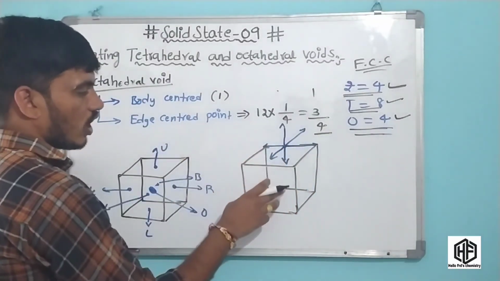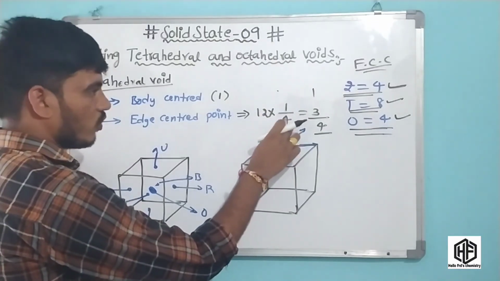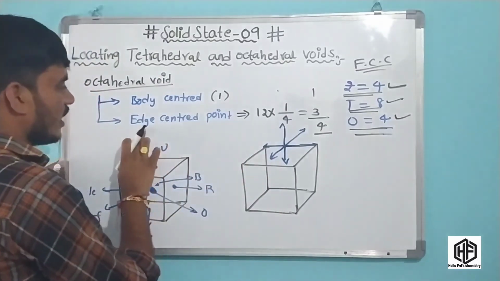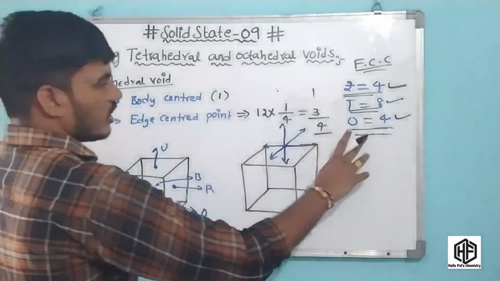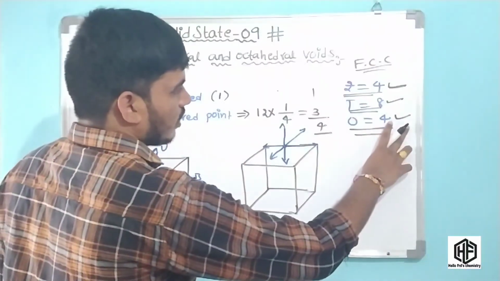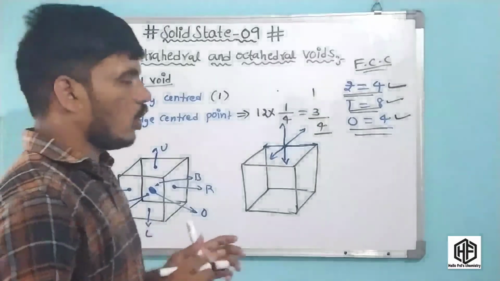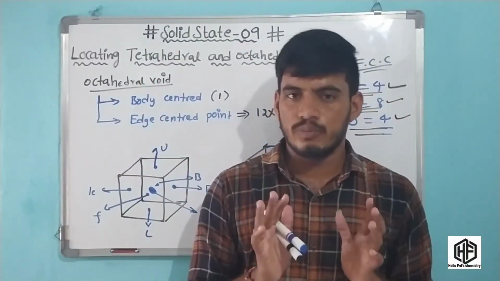It means 12 edges are present, each edge's contribution is 1/4, total is 3. So 3 octahedral voids from the edge centered points and 1 octahedral void at the body center. The total octahedral voids present in face centered cubic close packing is 4. Okay friends, this is the concept of locating tetrahedral and octahedral voids in face centered cubic close packing.